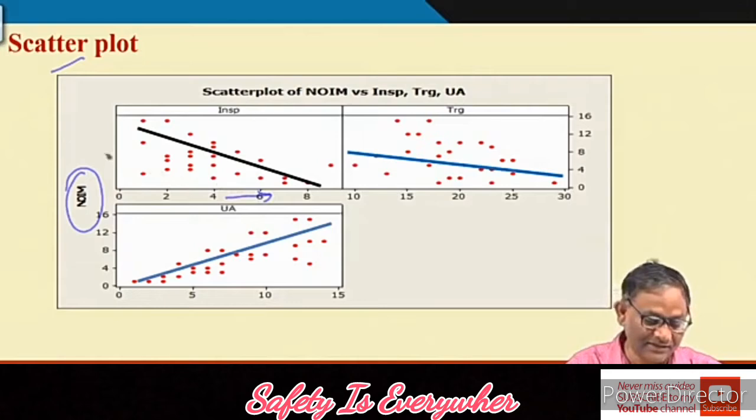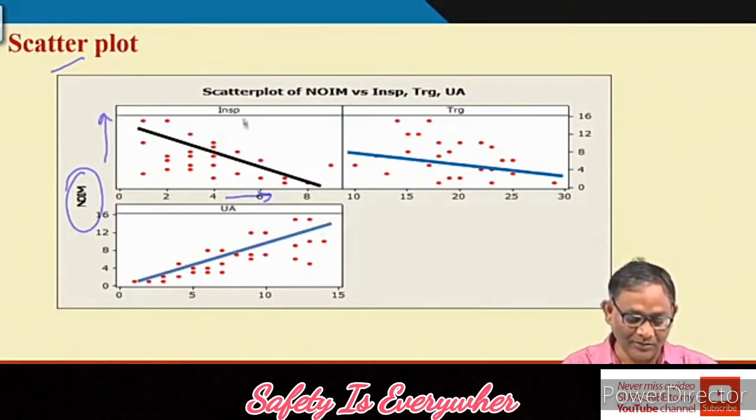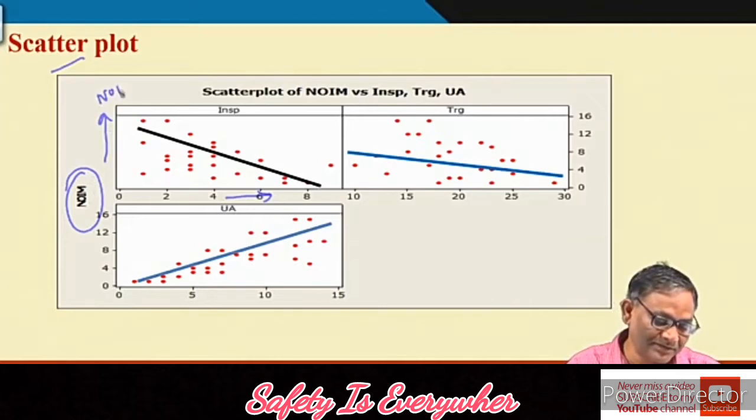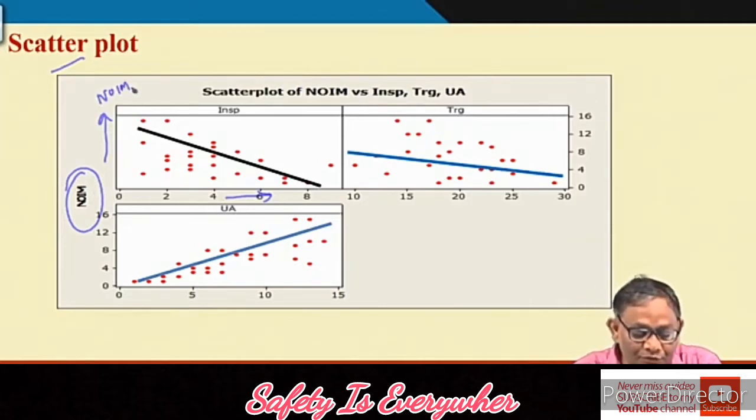Here the x axis is inspection and the y axis is NOIM, which is number of incidents per month. If you see the observation plot, there is a declining trend and that declining trend is represented by the straight line. Similarly, for training also there is a declining trend, and for unsafe acts it is an increasing trend.